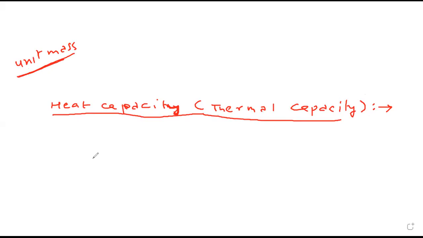Here we take the total mass of substance, that means the total body. S was specific heat capacity, which is heat for 1 kg, then for 2 kg 2s, 3 kg 3s, m kg ms. So ms becomes our heat capacity for whole body, also called thermal capacity.